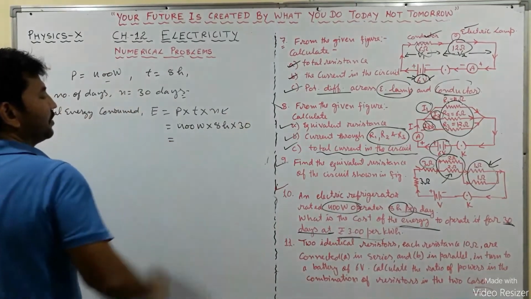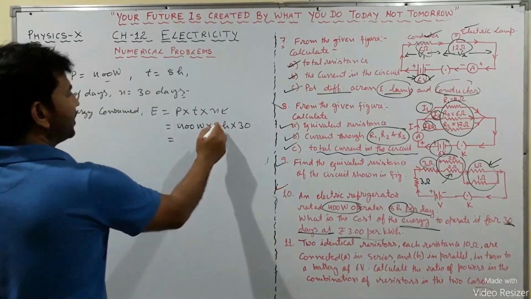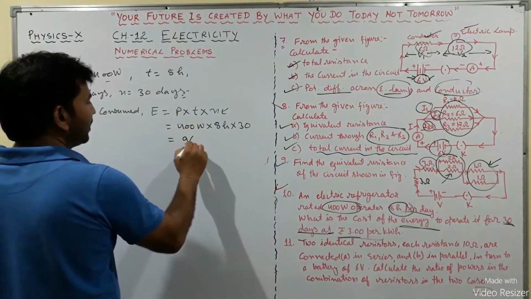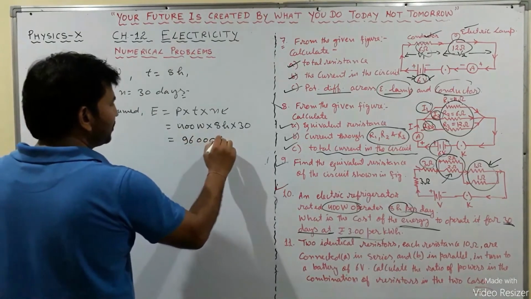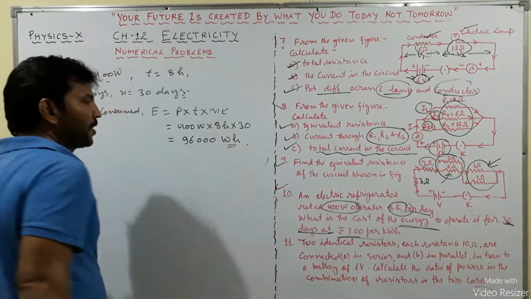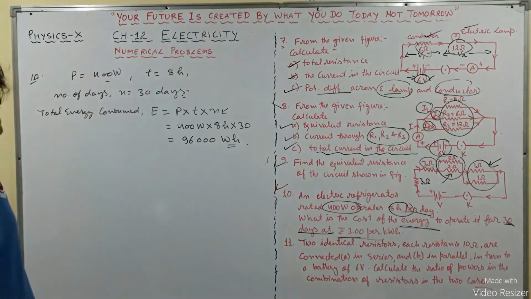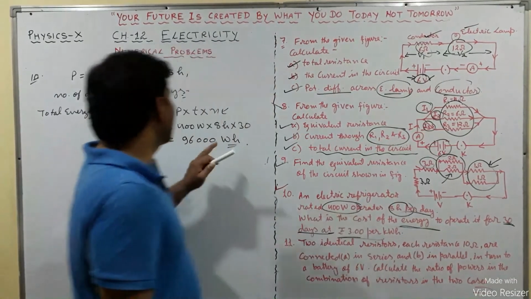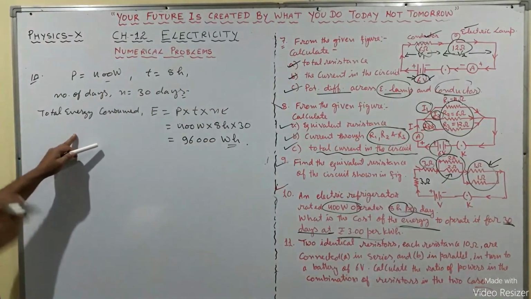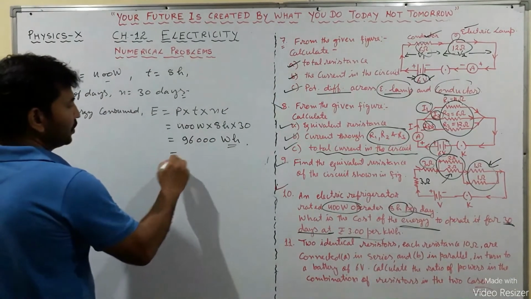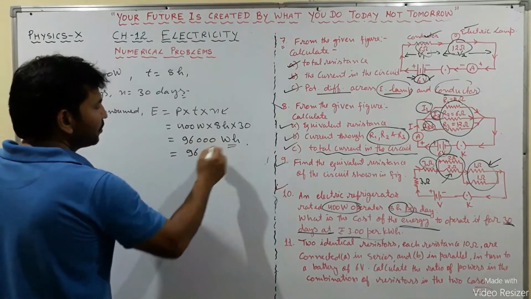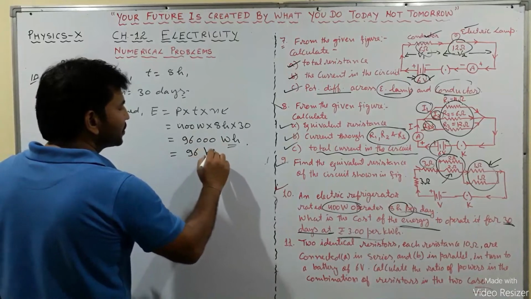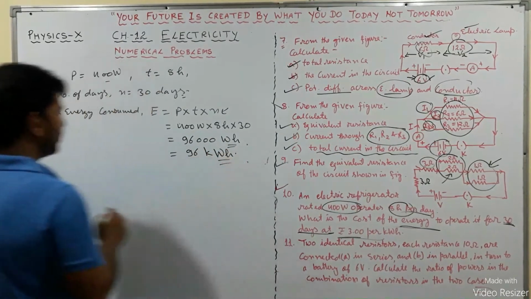By calculating it, 8 times 3 is 24 and 24 times 4 is 96, so 96,000 watt hour. Before calculating the total cost, we need to convert the total energy consumed into kilowatt hour, so we divide it by 1000 and get 96 kilowatt hour.